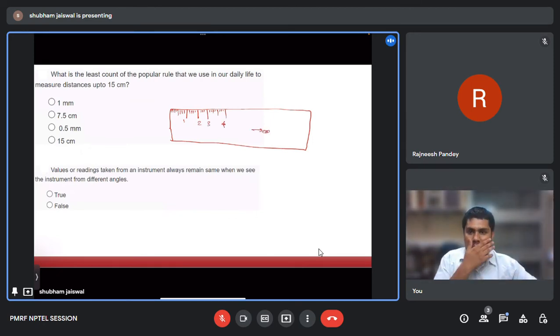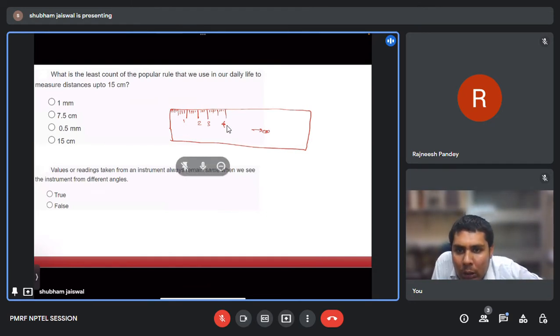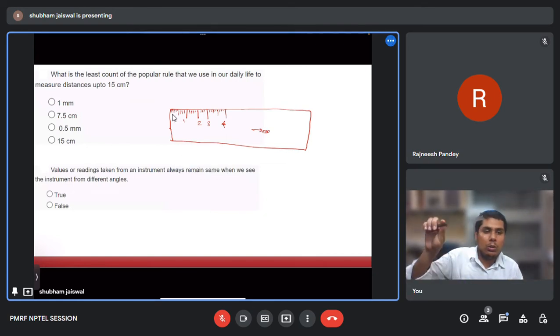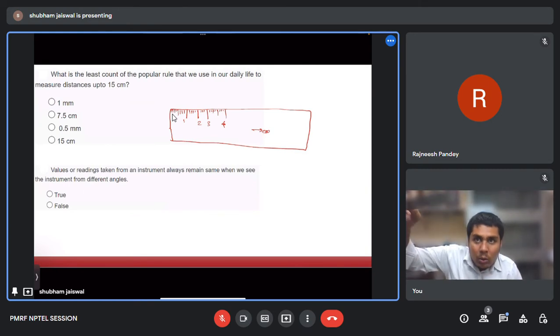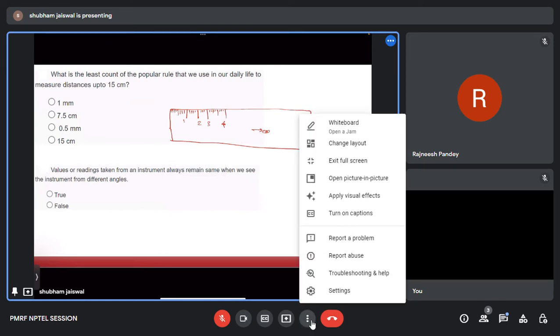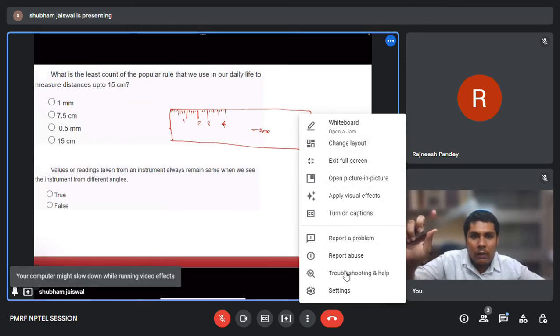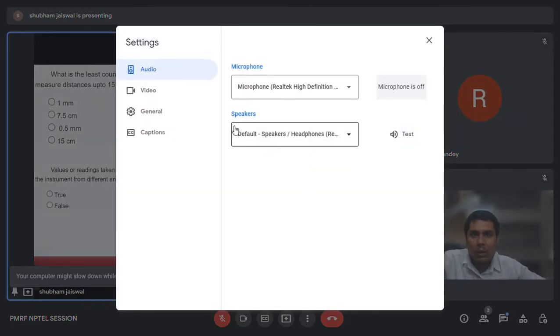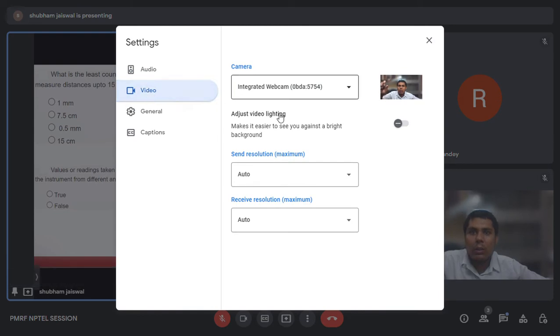From this schematic, you can say that the minimum distance that we can measure is 1 mm. Actually, I will show you the real scale. Here I have a steel rule. I don't know whether you are able to see it or not. Let me turn on the video first.